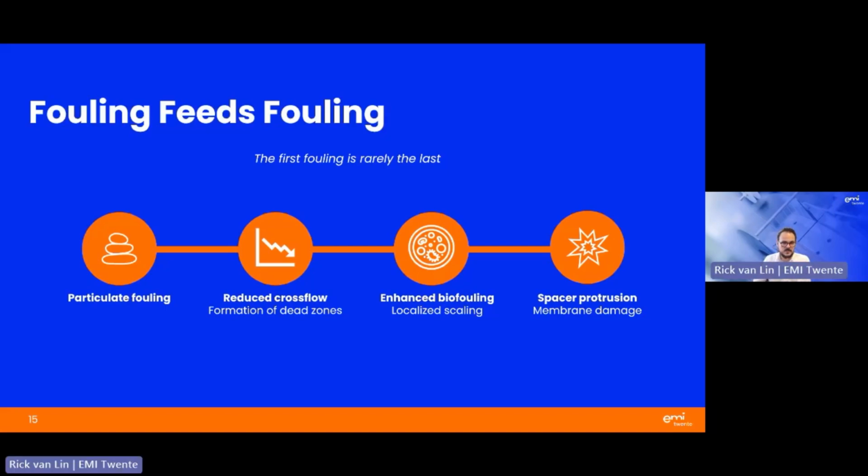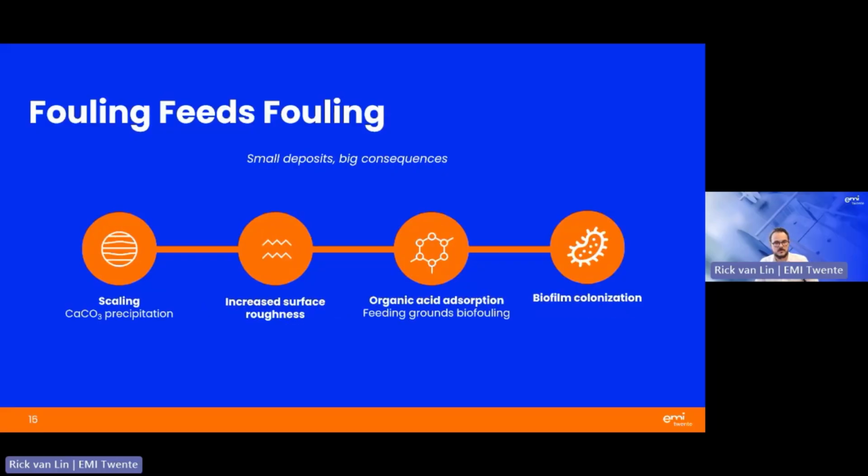And this is then a nice opportunity for biofouling to start in these dead zones, and localized scaling can occur there, eventually leading, for example, to spatial protrusion and membrane damage. Or another example is that if there's calcium carbonate precipitation, which will increase surface roughness of your membrane, on which organic acids can absorb and become a feeding ground for biofouling, eventually leading to biofilm colonization.